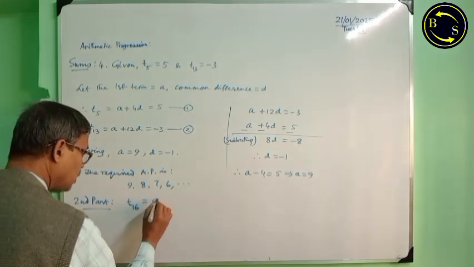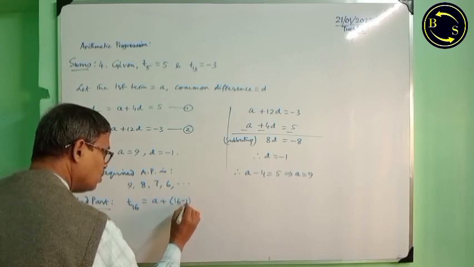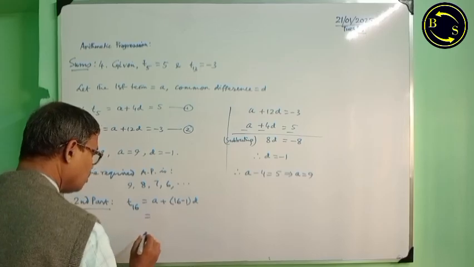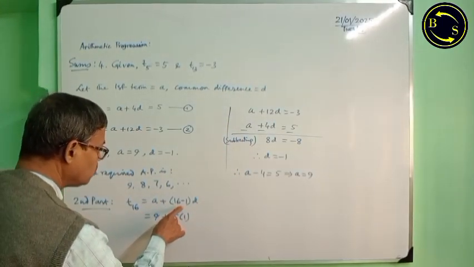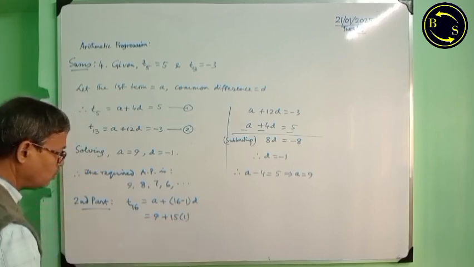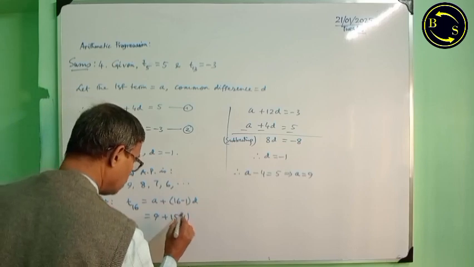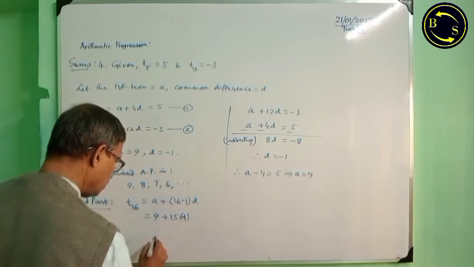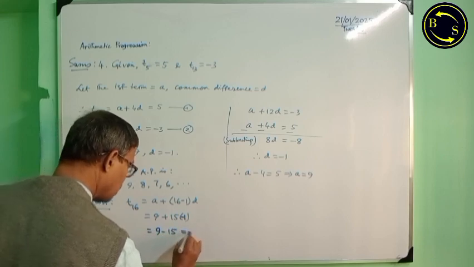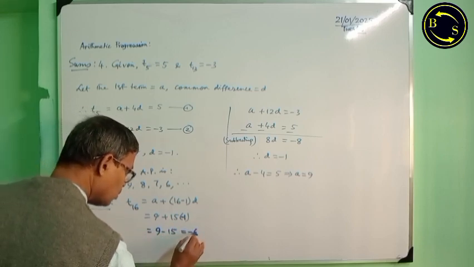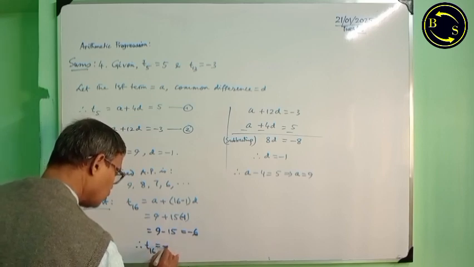We use the formula a plus 16 minus 1 into d. T16 is a plus n minus 1 whole into d. Now I put the value 9 plus 15. Here d is minus 1. 9 minus 15, that is equal to minus 6. Therefore, T16 is equal to minus 6.